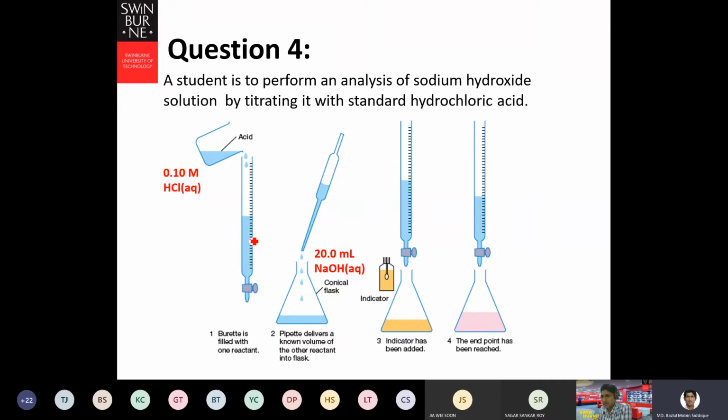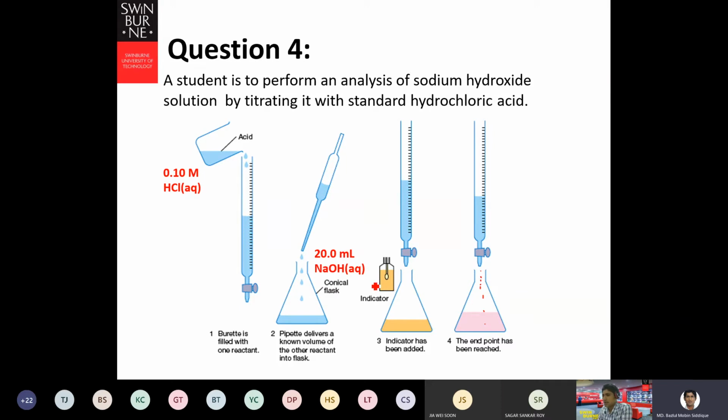Okay, so this is the conical flask, and then we add a few drops of chemical indicator and start the titration. We add the titrant from the burette drop by drop. You have to be very careful. You cannot add in one go.